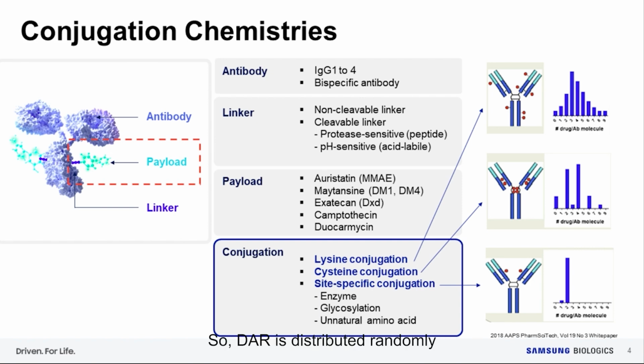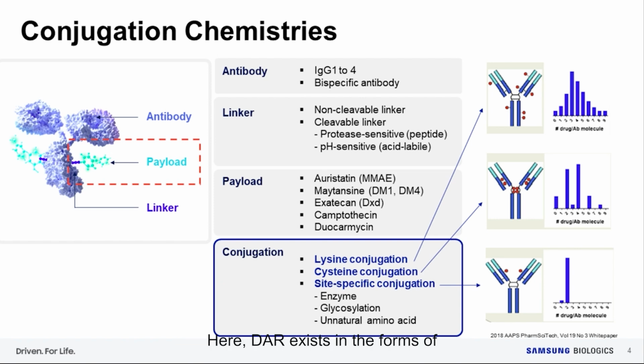So DAR is distributed randomly, with a broad range of DAR. Lysine conjugation has a broad range of DAR. The next one is interchain cysteine conjugation, which accounts for the largest proportion among commercial products.